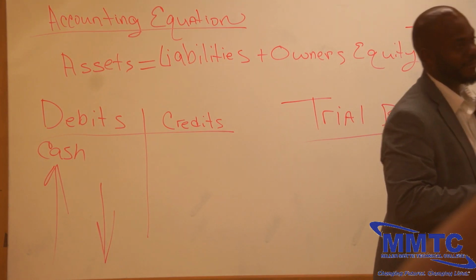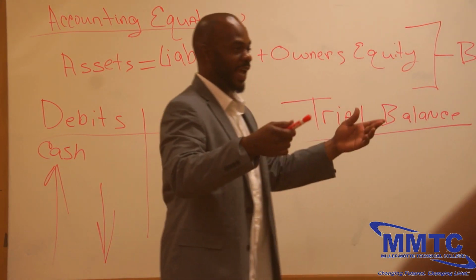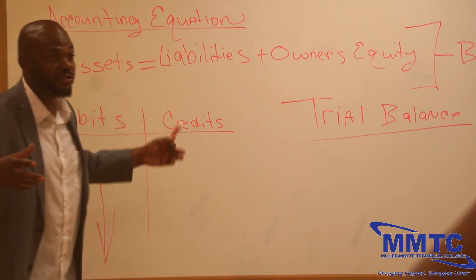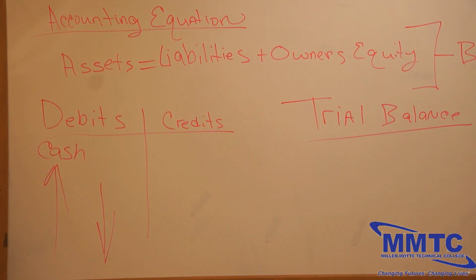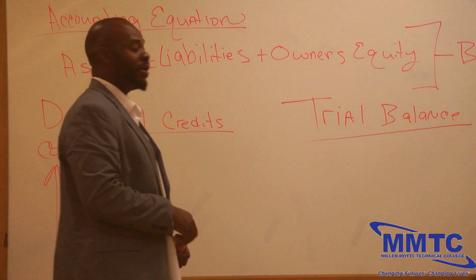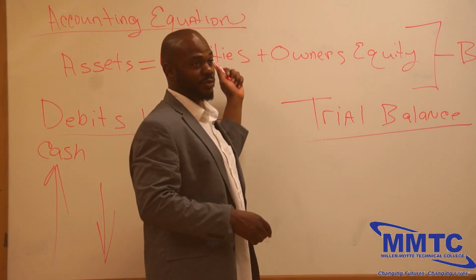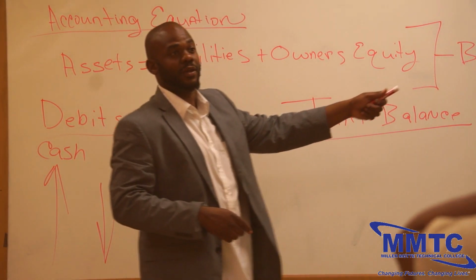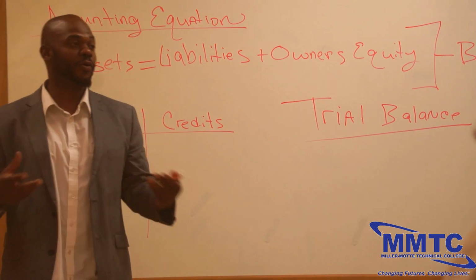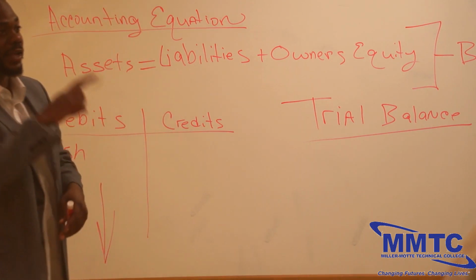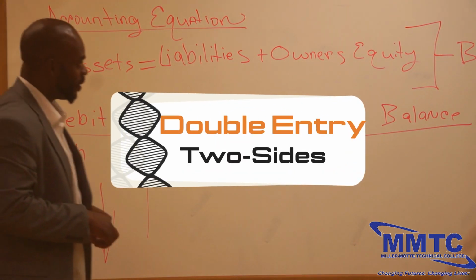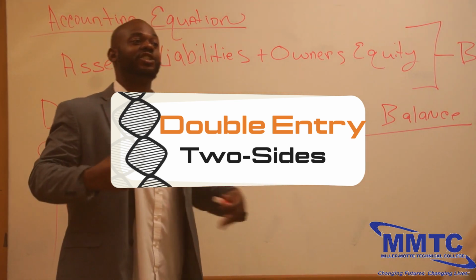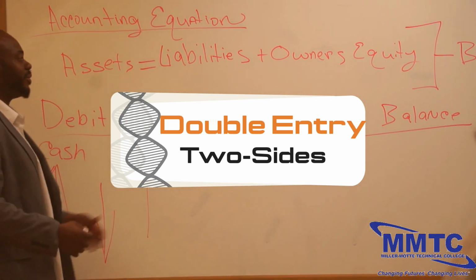Double entry is an accounting principle. It states that every time we make a debit, we have to credit something else. When you record a transaction, there are always 2 parts to it, right? Double entry, that's an accounting principle.